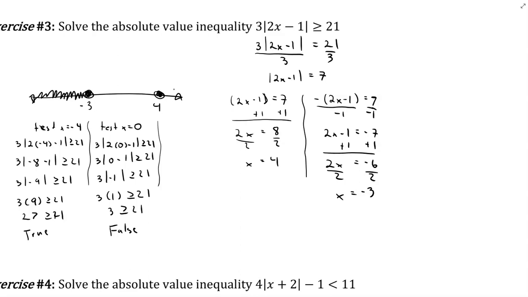And then we have the rightmost section. So here I'll test a number bigger than 4. So let's go with 5. So again, we'll replace x in the original problem. Then 2 times 5 is 10.